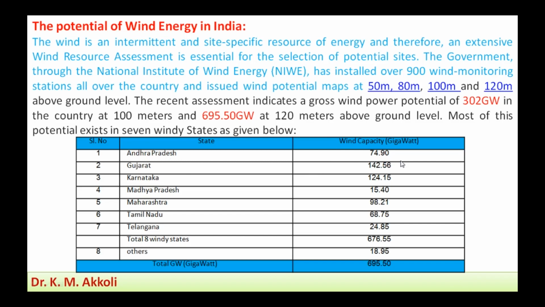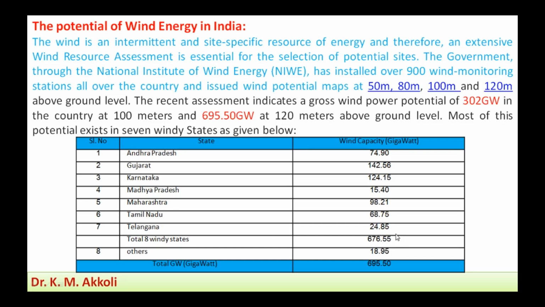Andhra Pradesh 74.9 gigawatt, Gujarat 142.56 gigawatt, Karnataka 124.15, Madhya Pradesh 15.4, Maharashtra 98.21, Tamil Nadu 68.75, Telangana 24.85. These 7 states together, the total windy states, have 676.55 gigawatt.